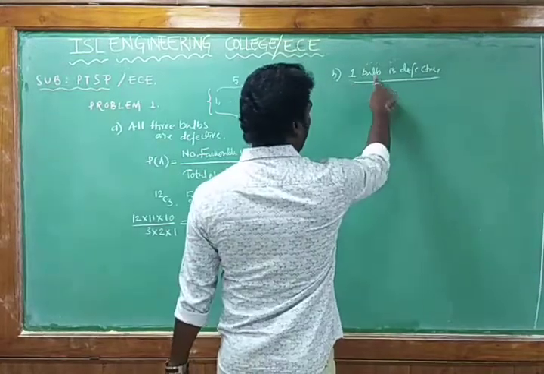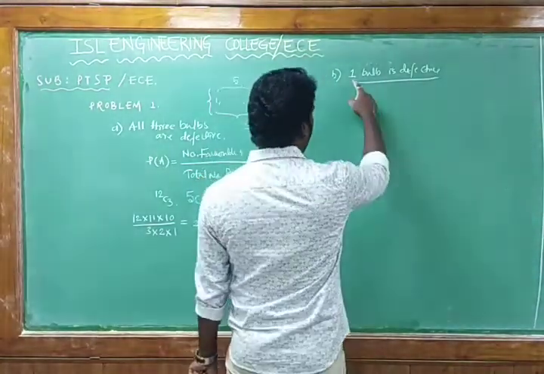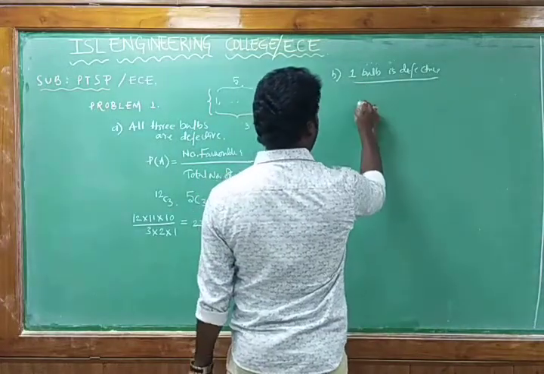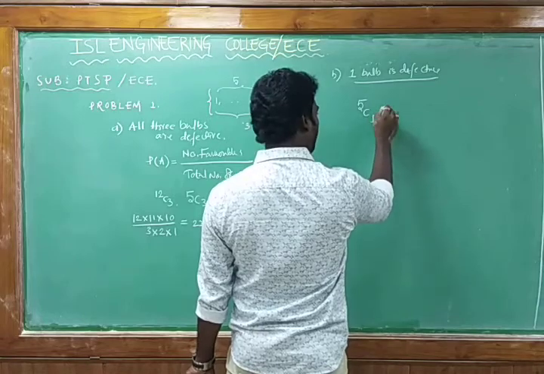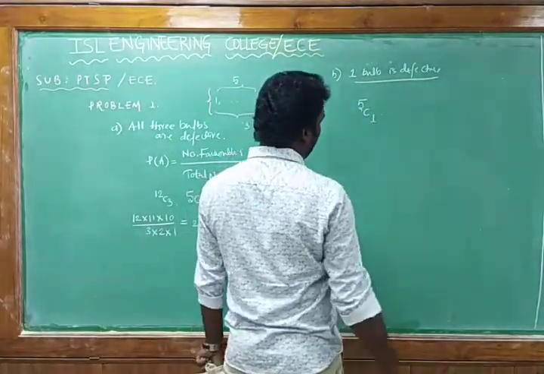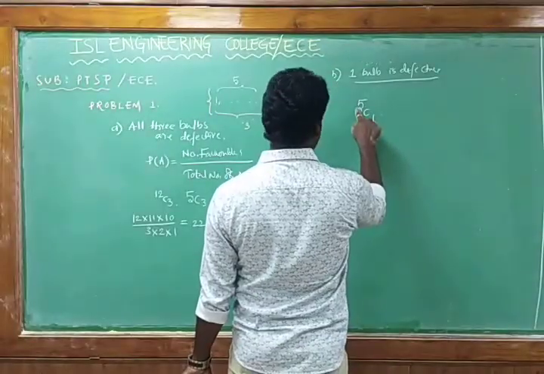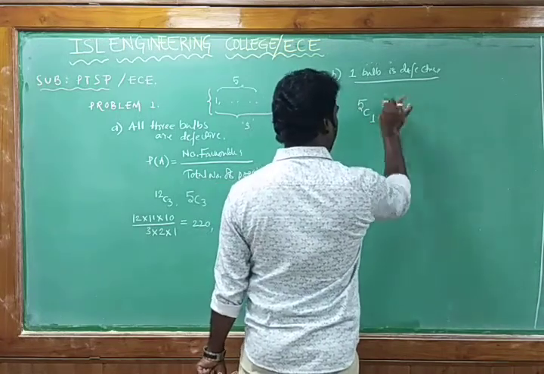Here 1 bulb is defective, that means what? Out of the 5 defective bulbs we are getting 1 defective bulb. If we choose 3, and 1 bulb is chosen already, we require to choose 2 more bulbs from the remaining non-defective bulbs.